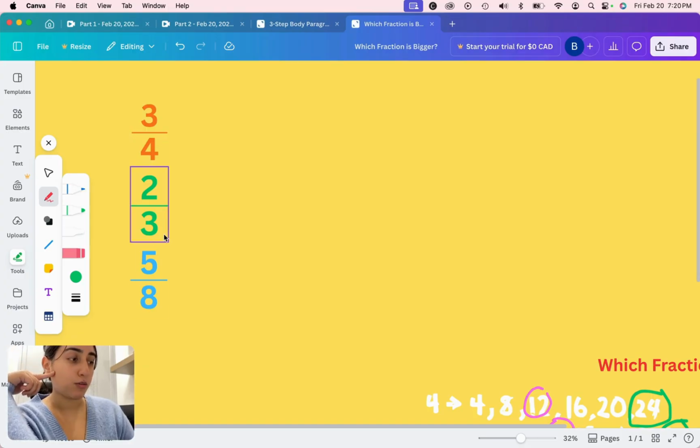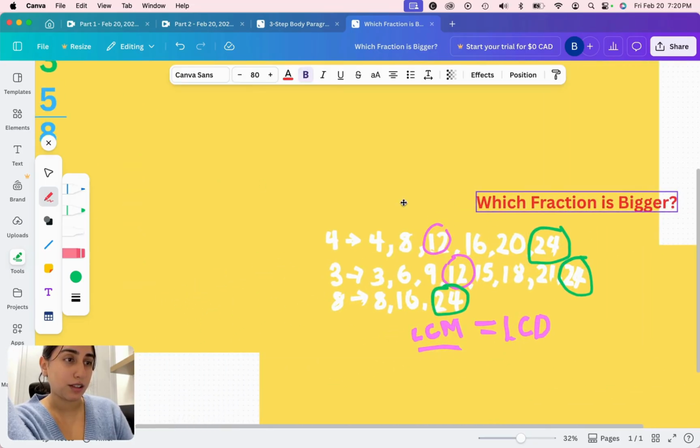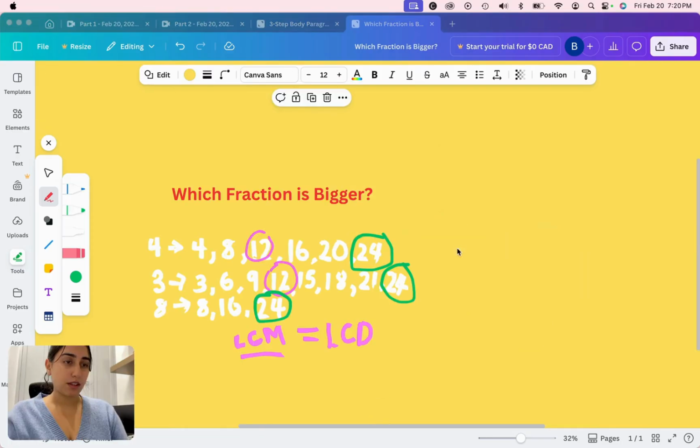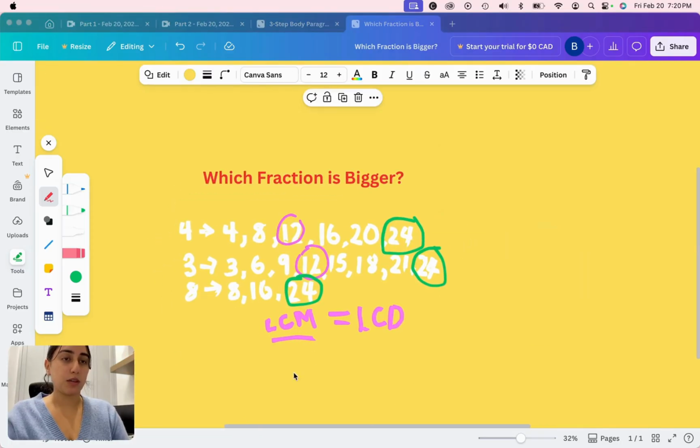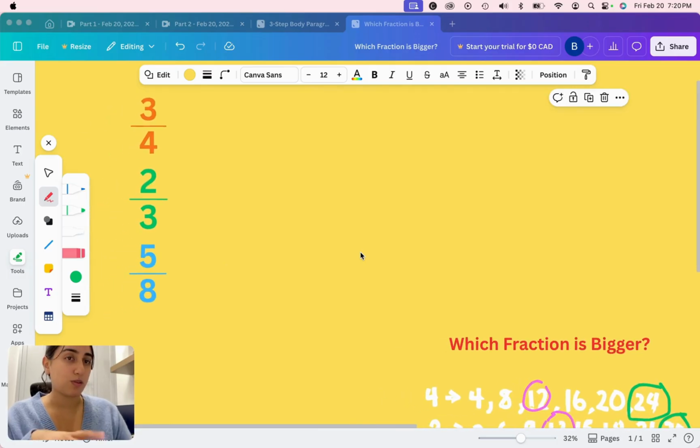But for most cases and for most students, you are going to be asked to do it this way, by looking for the lowest common denominator. So we're going to stick to that method for this video.